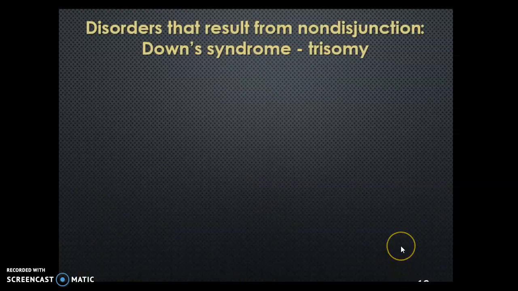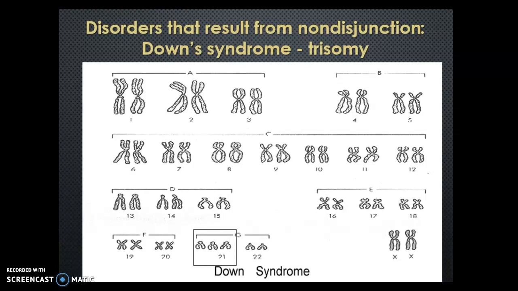So what might that look like? In a karyotype, now I'm not sure how many of you were able to finish your karyotypes before we left, but karyotypes, if you remember, should have 2 of each chromosome if we're talking about a body cell, so it has 2 of each, and that's called a diploid cell. But notice down here at the bottom, we have 3 of chromosome number 21 instead of 2. So that causes a very specific disorder.